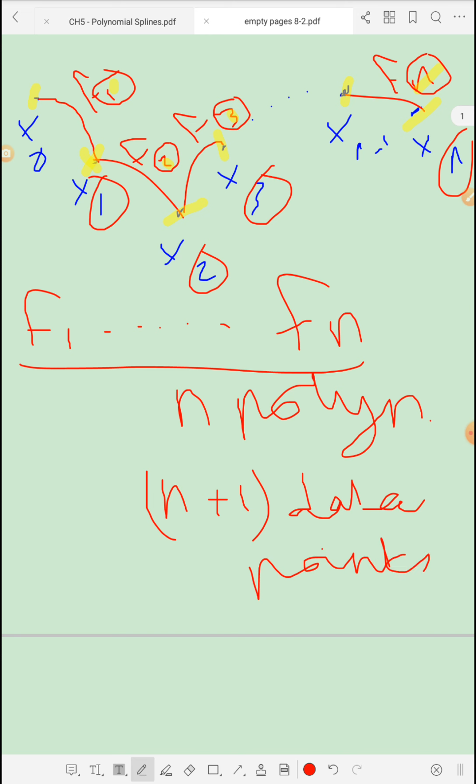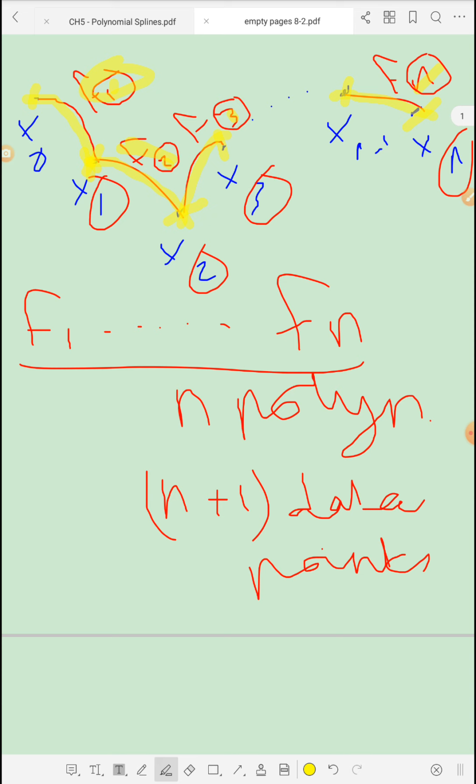Each polynomial connects a pair of successive data points. So f1 connects x0 with x1, f2 connects x1 with x2, f3 connects x2 with x3, and finally fn connects xn minus 1 with xn.